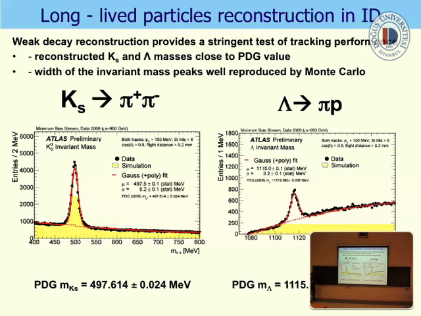Normally we have a track from the interaction point. This is a normal track. In the case of the K short, or in the case of lambda, these are 2 long-lived particles, so they decay inside the detector, like this. So we reconstruct the secondary vertex, as we call it, and then we apply a cut on the distance between the primary vertex and the secondary vertex in order to reject background and reconstruct these 2 particles.